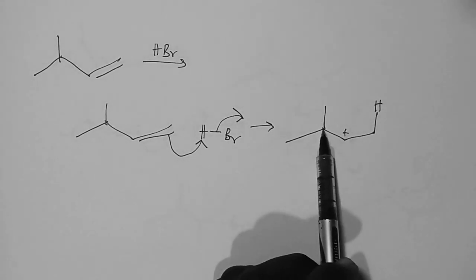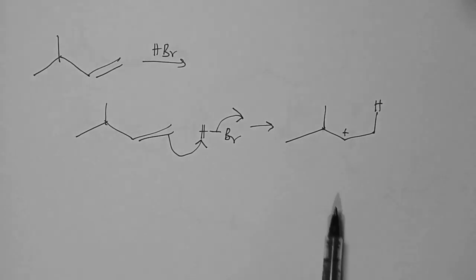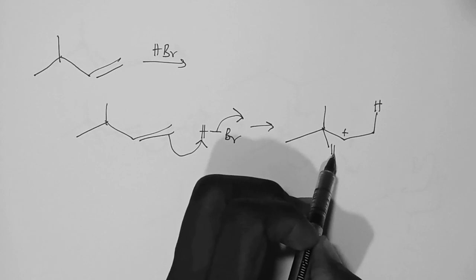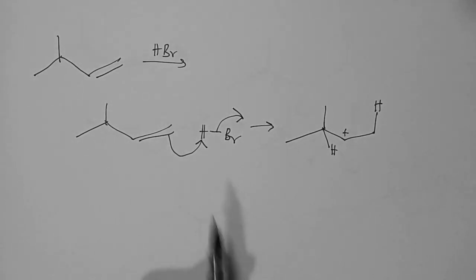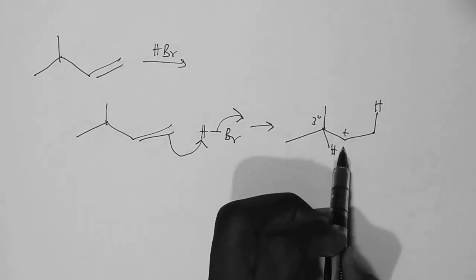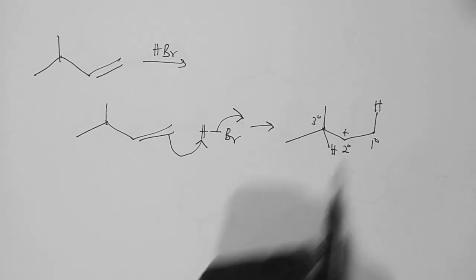Now, which one will shift? Will there be a hydride shift or will there be a methyl shift? Now, let's look at what will happen in each of the possibilities. You see that this is a tertiary carbon, and this is a secondary carbocation, and this is a primary.